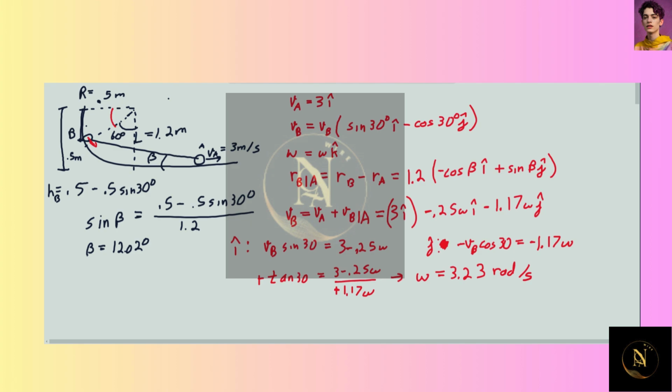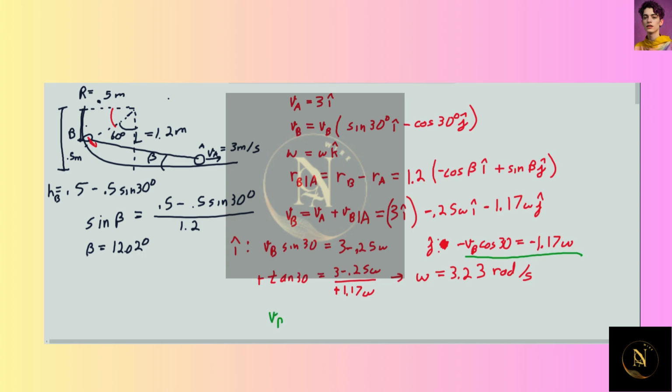Once we find omega, we can go ahead and put that back into our equation to find what VB is. The easiest equation is going to be our j-hat equation, which I will underline here in green real quick.